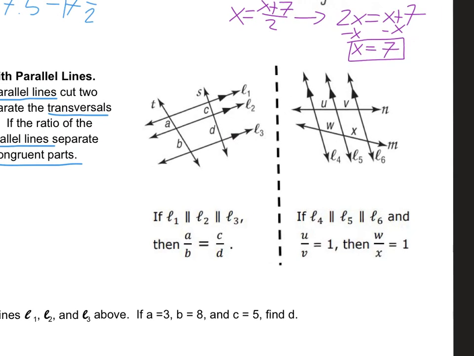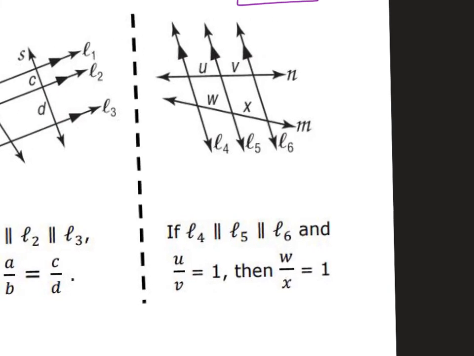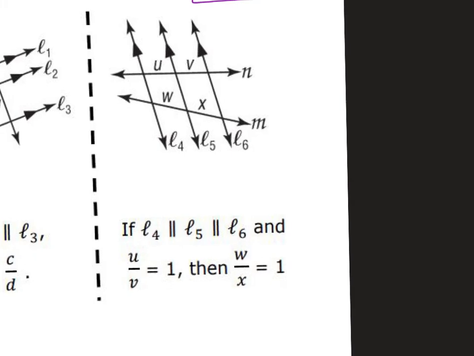What does this mean? If we take a look at these images, if line 1, line 2, and line 3 are parallel, then the ratio of A to B will be equal to the ratio of C to D. At the same time, if the lines are parallel and the ratio comes out to a 1, let's say it's a 1-to-1 relationship, then the other corresponding ratio will be a 1-to-1 relationship.